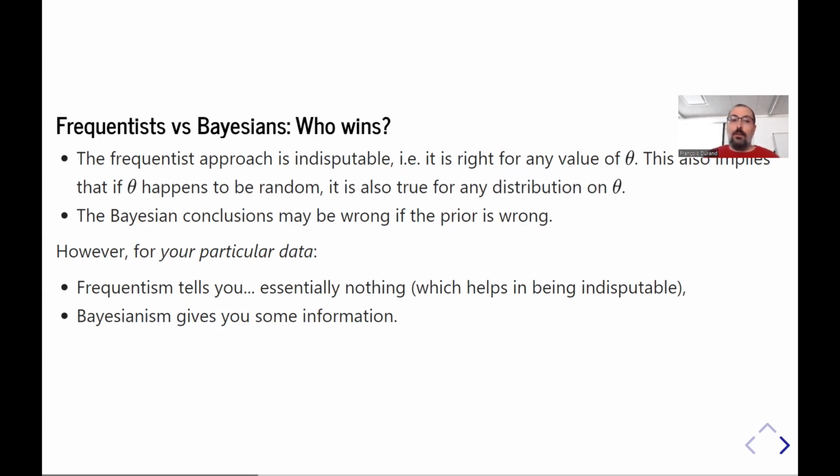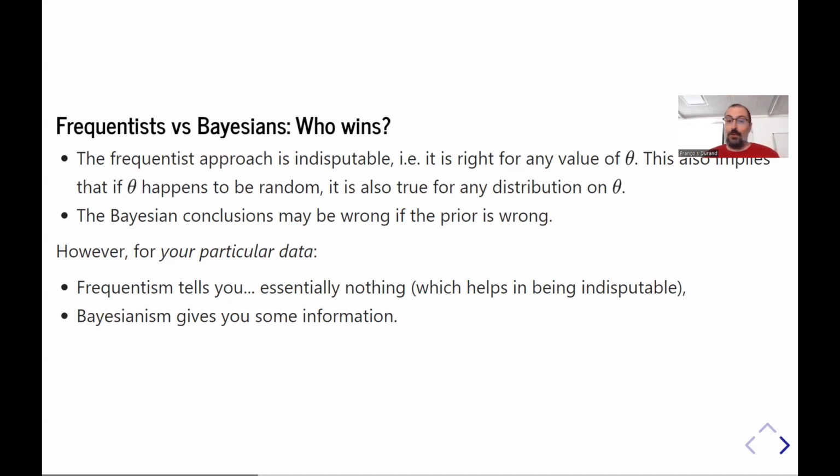On the contrary, the Bayesians may be wrong if the prior is wrong. And personally, I think it's for this reason that frequentists have essentially won. If you look at the standard practice in the scientific literature, you are supposed to use frequentist statistics. And I think that's mainly because it's indisputable.